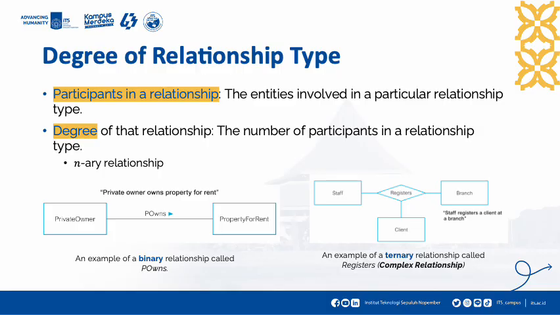This relationship represents the registration of a client by a member of staff at a branch. Usually we use the term complex relationship to describe a relationship with degree more than 2. If the degree is 2, it is called binary, and if it is 3 or more, it is a complex relationship.